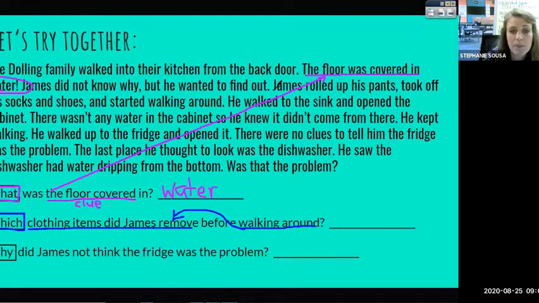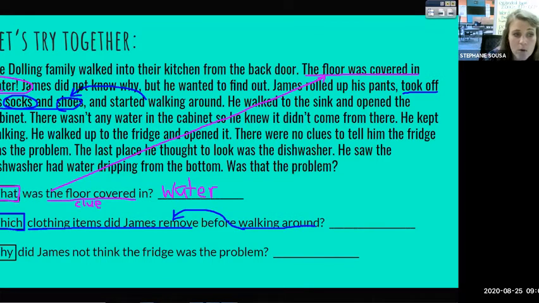Let's take a look. James rolled up his pants, took off, oh, look at that, took off, that's another word for remove, took off his socks and shoes and started walking around. Look, before walking around, do you see that? He did this before he walked around. He didn't want to get that water muddy from his shoes, and he certainly didn't want to get his socks soaking wet.